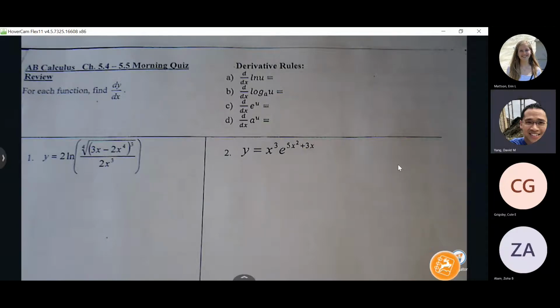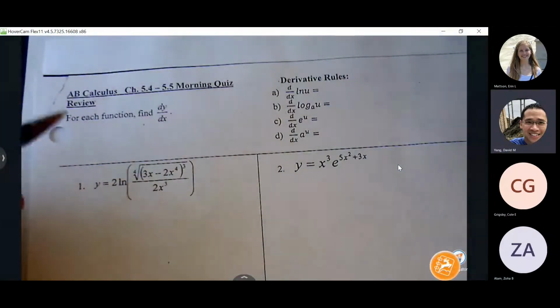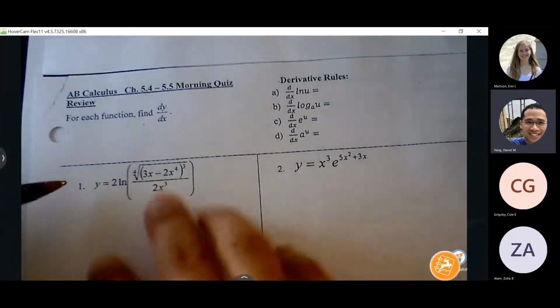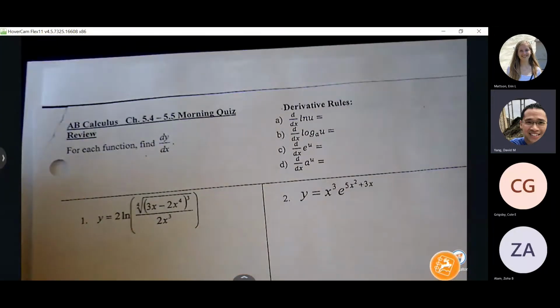Okay, so let me start off by going over some properties that we need to be able to apply. So we have expansion properties that will be good for natural log as well as for log expressions. So here are the properties.